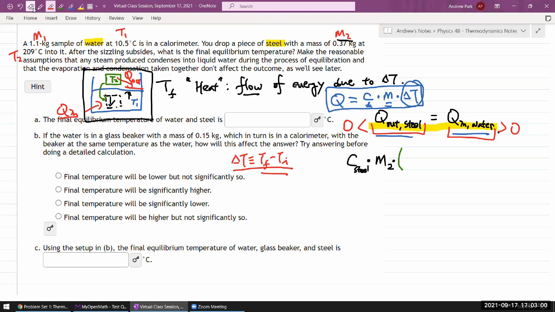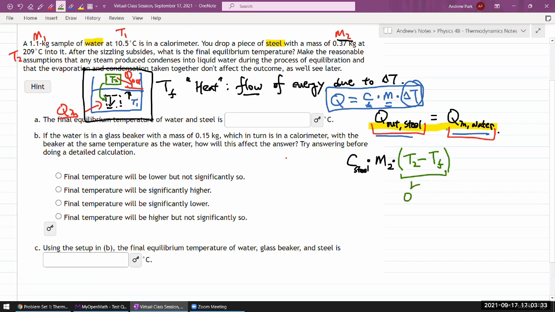So with that awareness, what I have to do is put the temperatures in correct order. So I have to say, okay, the steel is going to cool down, so my final temperature will be lower than T2. So this is the differential temperature here. I want to compute it as T2, the initial temperature of steel, minus whatever the final temperature is. That's going to be lower, so this whole quantity will be positive, as it should be the way I'm writing my equations here. This is an artifact of how I'm writing this equation.